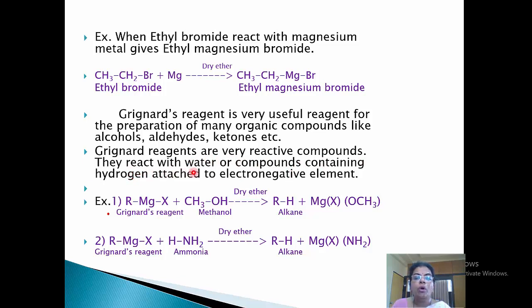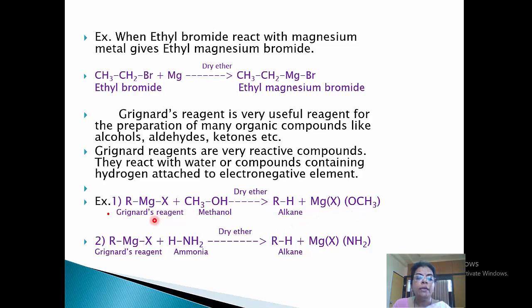They react with water or compounds containing hydrogen attached to an electronegative element. For example, RMgX, that is Grignard's reagent, when treated with methanol, CH3OH, in the presence of dry ether gives alkane plus MgX(OCH3).